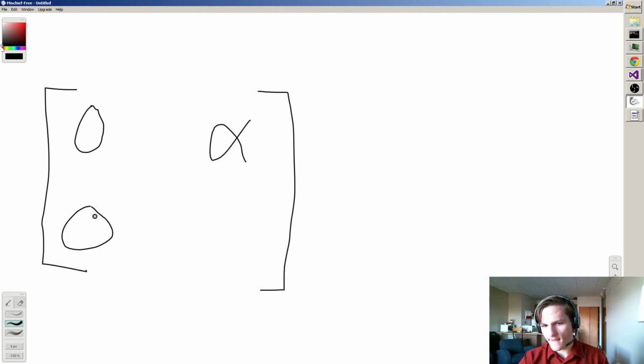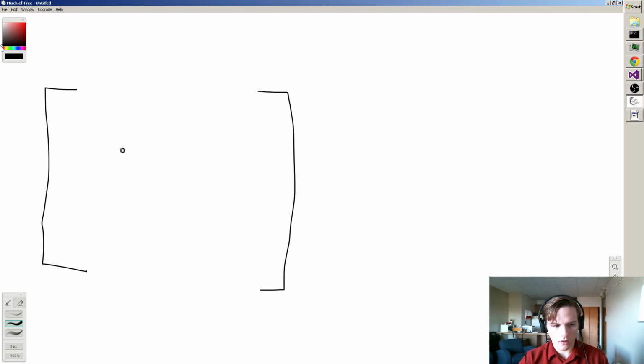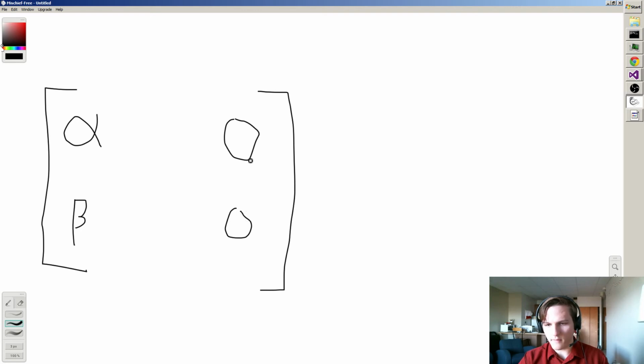Okay. So I'm guessing if I ever have a 0 here, like I have alpha there, 0, beta, 0, then that means that these guys are both like this. Yes.